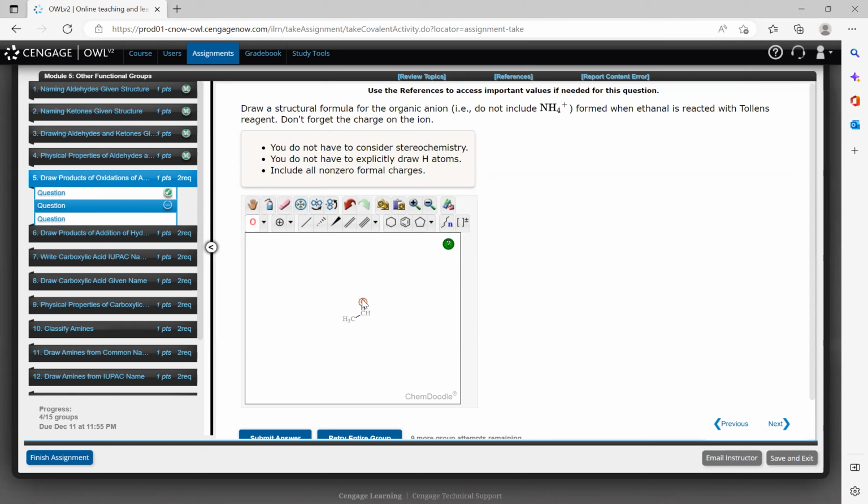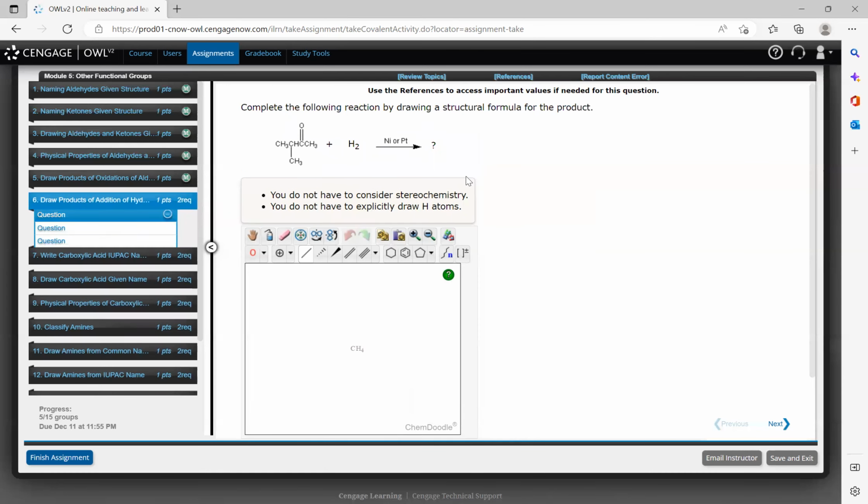Now, what's going to happen here is when this reaction takes place, instead of it looking like OH, it actually loses that additional hydrogen. So we're going to have to put some lone pairs, or we're going to have to put a plus or minus sign around this guy. In this circumstance, because it lost that hydrogen, it's going to have a minus sign associated with it. So this is what it looks like to be oxidized.